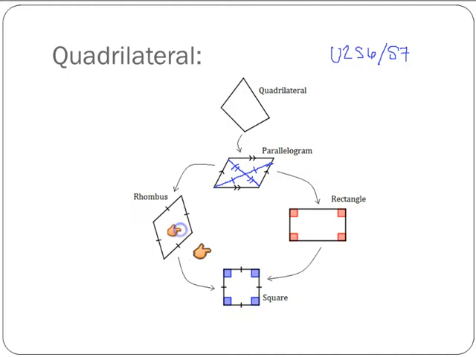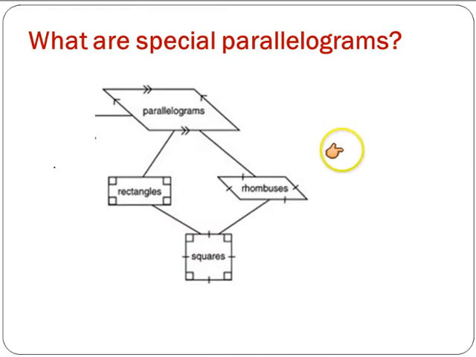So you can see that there's some similarities amongst these 3 types of special parallelograms, but keep in mind that all of these will have the characteristics of parallelograms. And that's really what this slide reinforces: that rhombuses, rectangles, and squares are all special types of parallelograms.